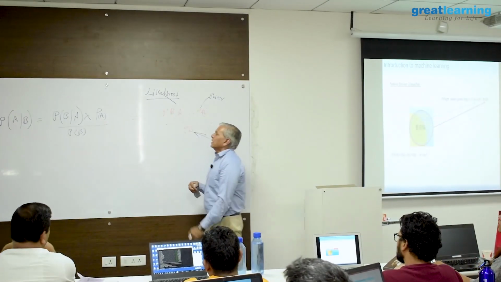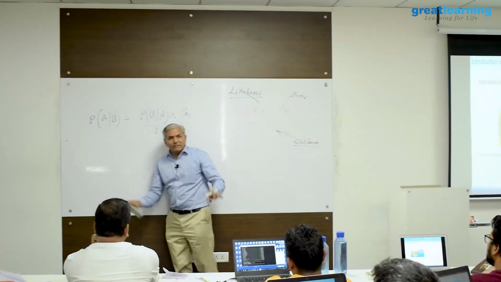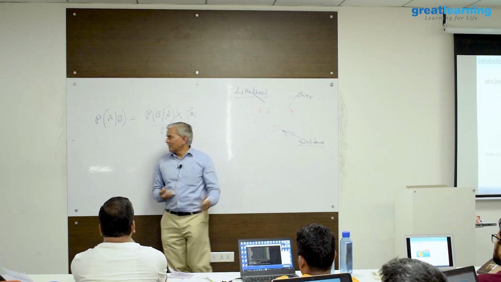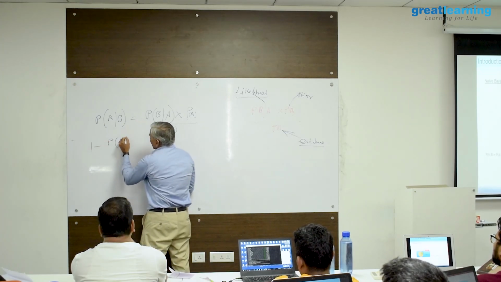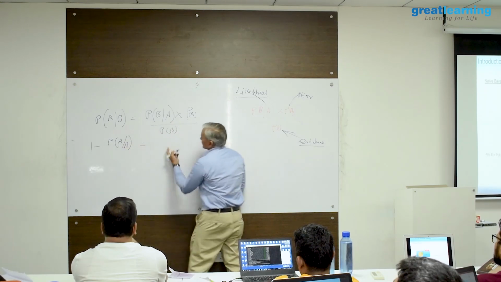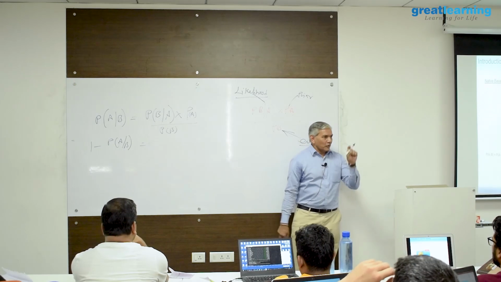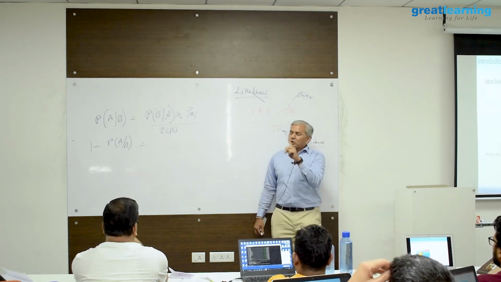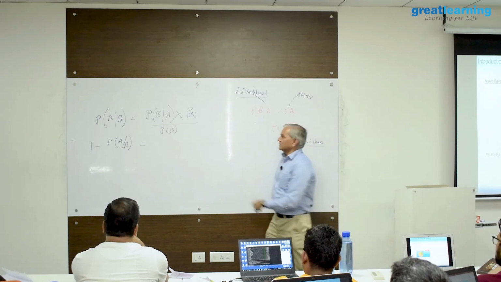Many of the authors, what is the probability of not A given B? Whatever this probability is, it is 1 minus P(A given B). All of you understand what I'm doing? Probability of A given B, probability of king given red. What is the probability of not king given red? That's what we are doing here.